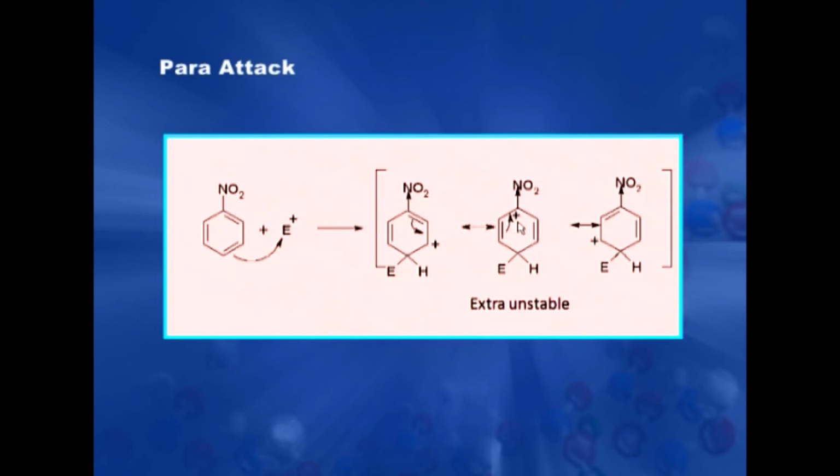Here again the positive charge comes on the carbon which is next to the nitro group. So, due to the presence of this nitro group, intensification of positive charge takes place, due to which this structure becomes extra unstable, its contribution towards resonance decreases and the activation energy increases.